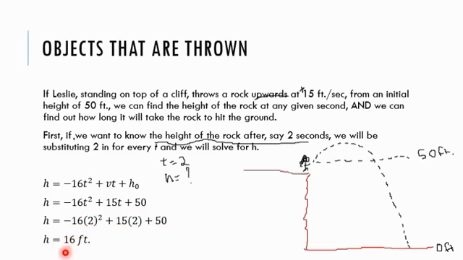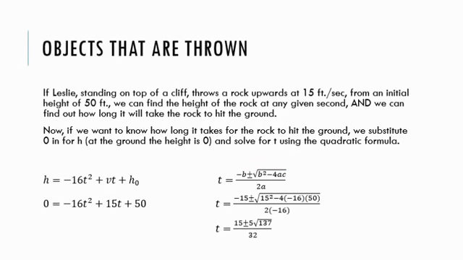If I solve all that out, I get 16 feet. So, how high is the rock after 2 seconds? It's 16 feet off the ground, which would look something like right about there. So after 2 seconds, it's right about there.